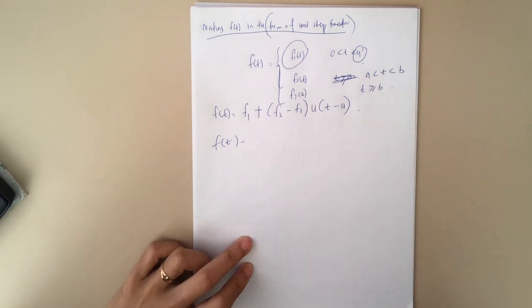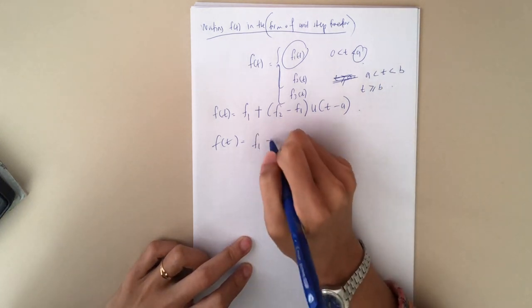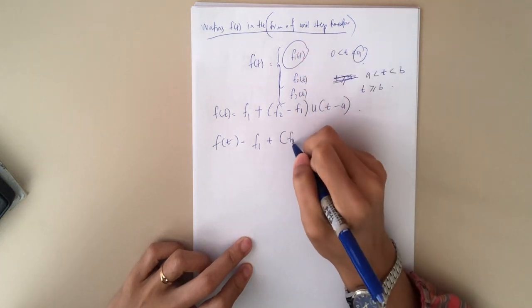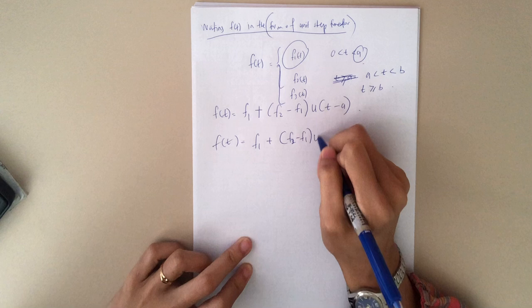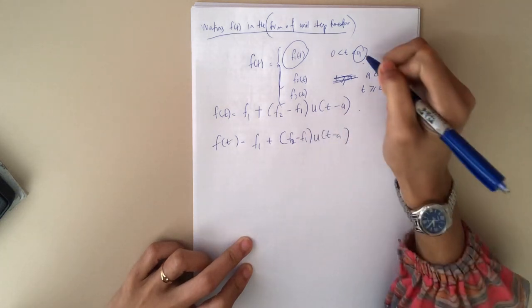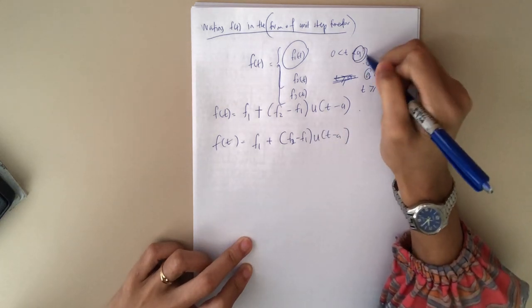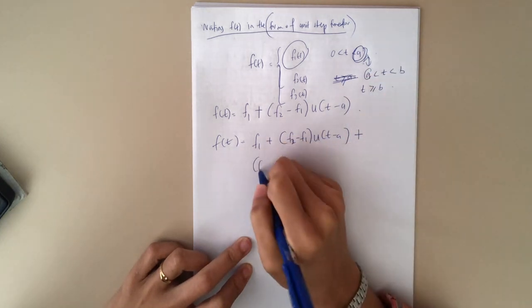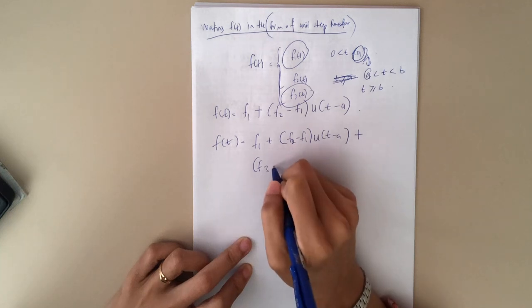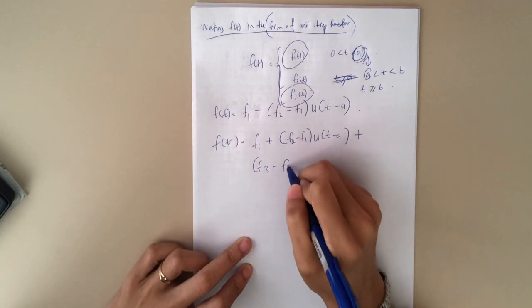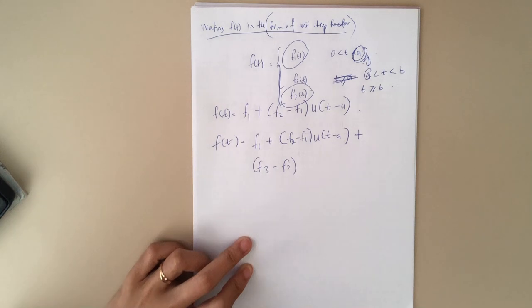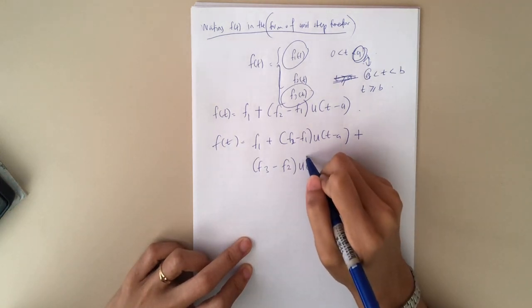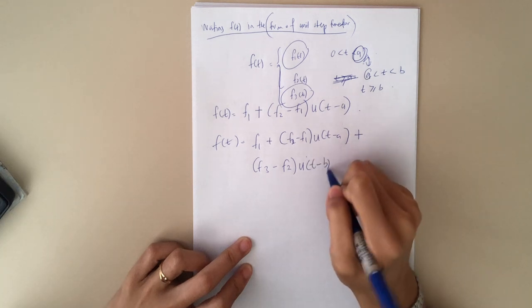Same thing, similar. f1 plus (f2 minus f1) times u(t minus a), plus (f3 minus f2) times u(t minus b).